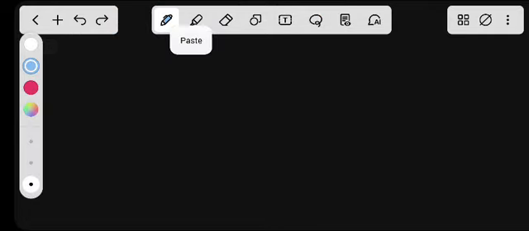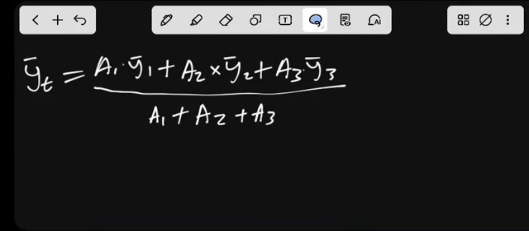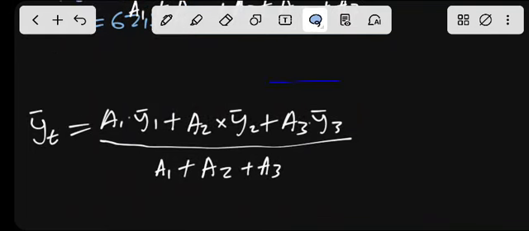We know we have that. Now we're supposed to substitute this. We'll use our equation and substitute what we have there.